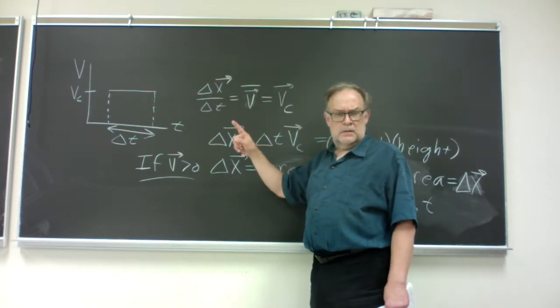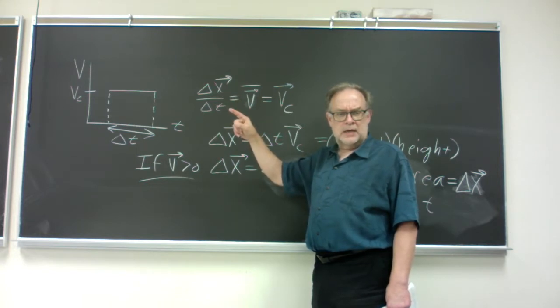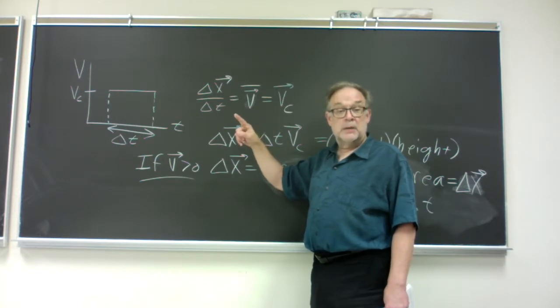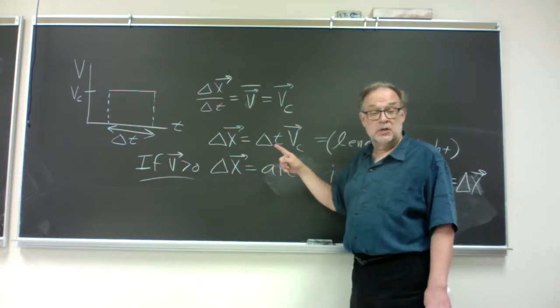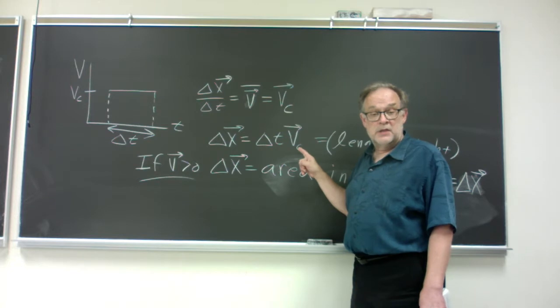Now, take this equation, displacement divided by the length of time it takes to make that displacement equals vc. Multiply both sides of the equation by the time interval, and then we have displacement equals the time interval times vc.